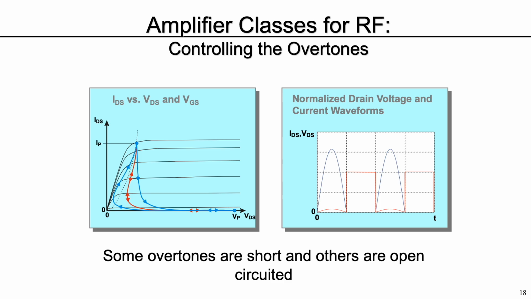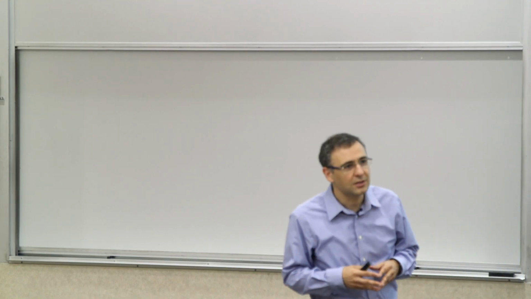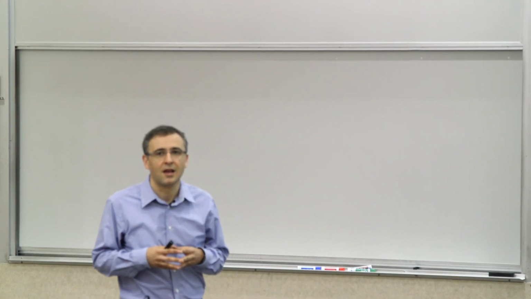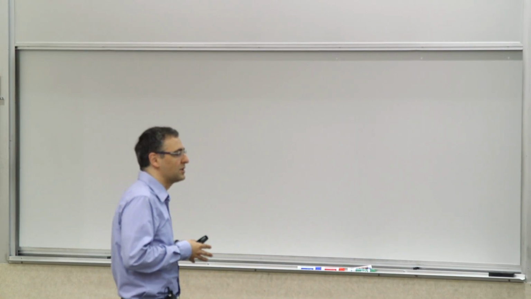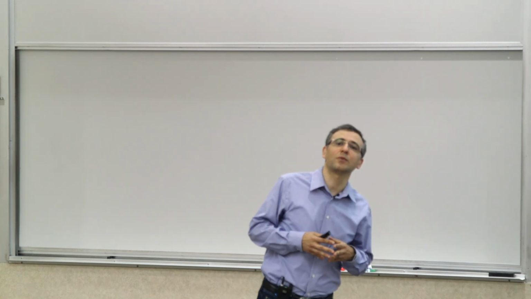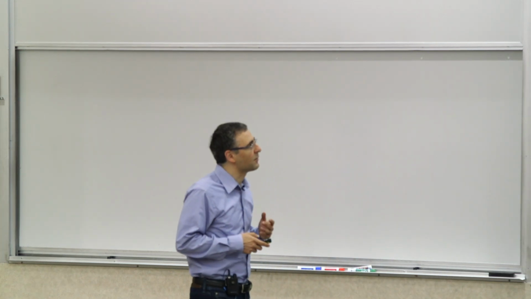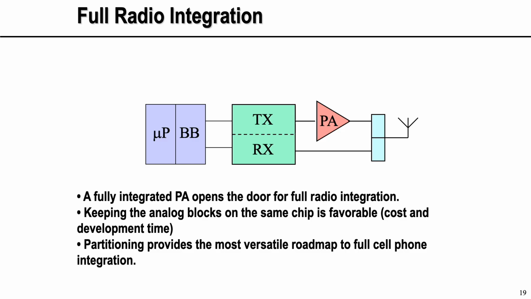So now, having said all of these things as background, let's look into some practical questions about design of power amplifiers, in particular in CMOS. Why would we want to make an RF power amplifier in CMOS? Because if you look at the typical radio, these radios are everywhere. You have a cellular phone, a Wi-Fi receiver, Bluetooth, and all sorts of other systems that use radio transmission.